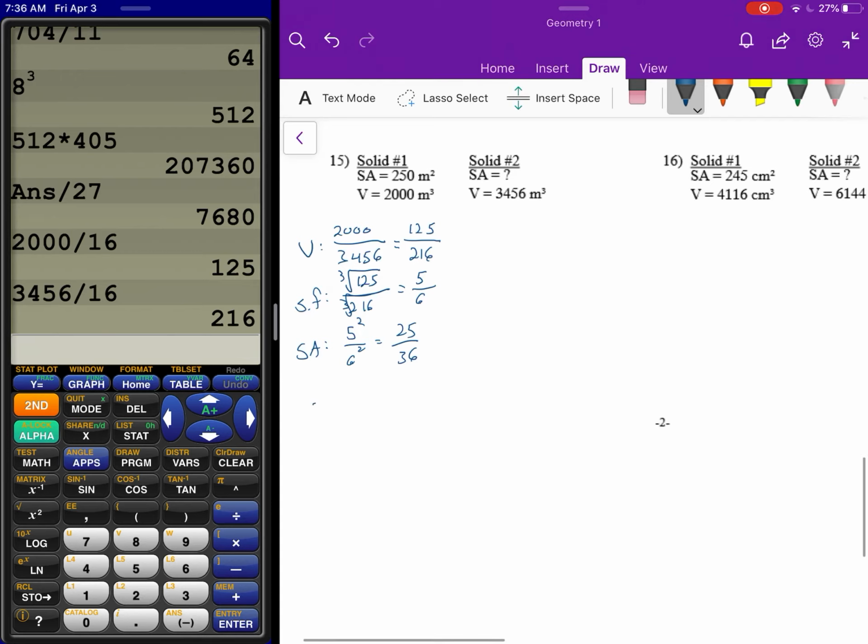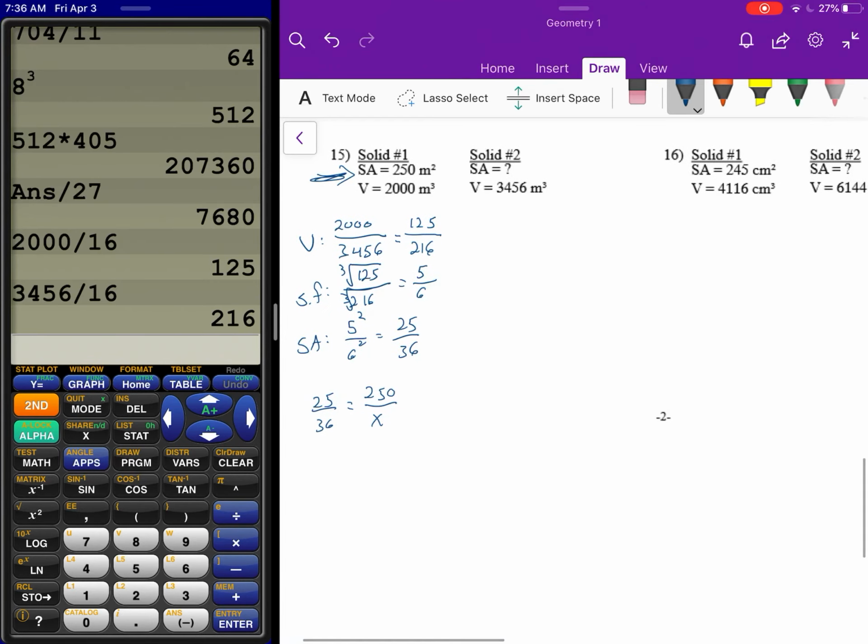And now we can set up our proportion. 25 over 36 equals the ratio of our surface areas, so 250 over x. And really this one looks pretty easy because to get from 25 to 250, you multiply by 10. Multiply by 10, so x has to equal 360, and this will be meters squared. You could obviously cross multiply to solve that one too.